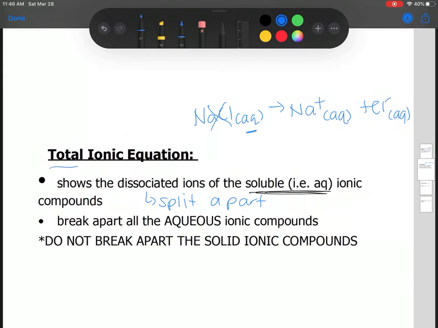So when you write a total ionic equation, we're going to show all of the aqueous ionic compounds split apart, but we are not going to break apart the solid. So a solid is not the same as aqueous. Obviously, solid means a chunk together, crisscross rule, ionic compound, commonly called a salt, all that kind of stuff.